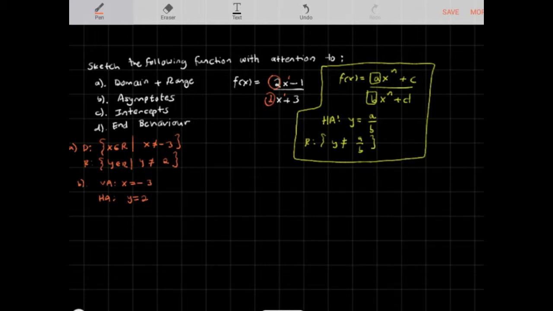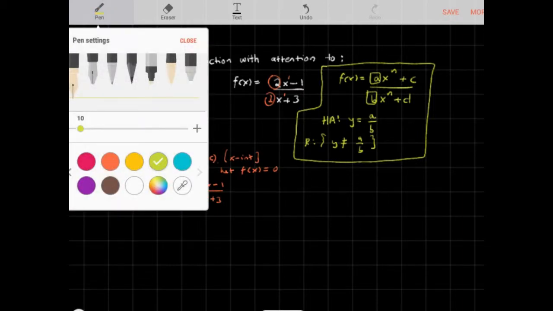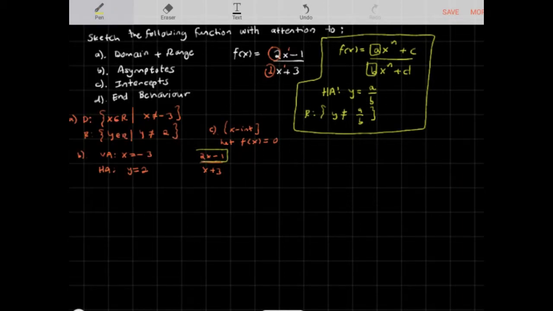Next thing we want to look at is our intercepts, so we need to find our x-intercept and y-intercept. If we're looking at our x-intercept, we know that it is when we let f(x) equal 0. The only way we can make a fraction equal to 0 is if the numerator is equal to 0.